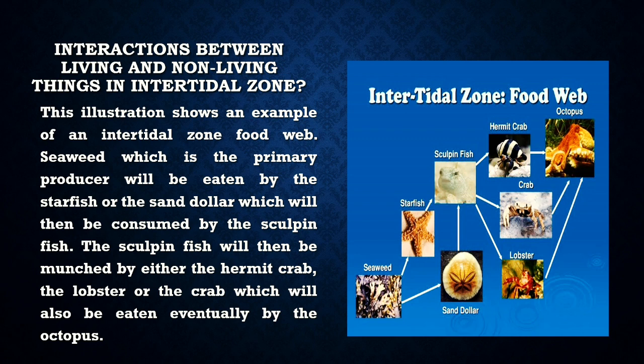As you can see in the picture, seaweed, which is the primary producer, will be eaten by the starfish or the sand dollar, which will then be consumed by the sculpin fish. The sculpin fish will then be munched by either the hermit crab, the lobster, or the crab, which will also be eaten eventually by the octopus. And then the octopus will be decomposed after dying, and it will again be consumed by the seaweed.